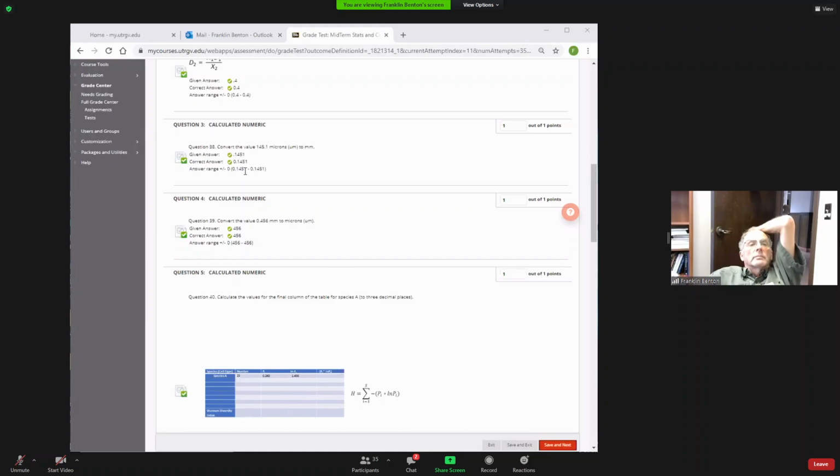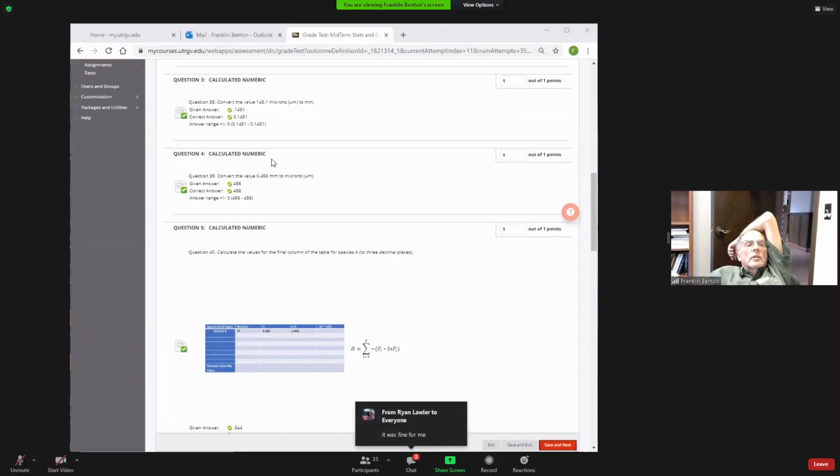Hold on, let me see here. Okay. Let's go to the next one. Number 4. Convert the value of 0.456 millimeters to microns. It'd be 456 microns.